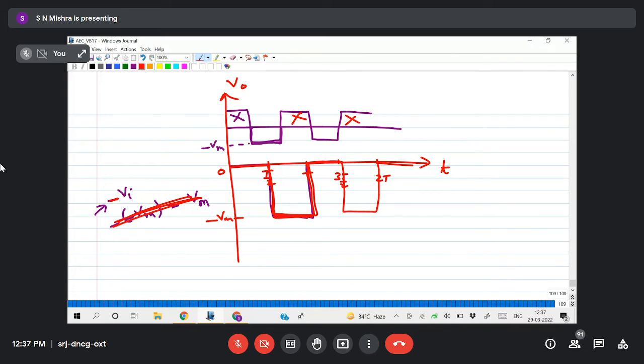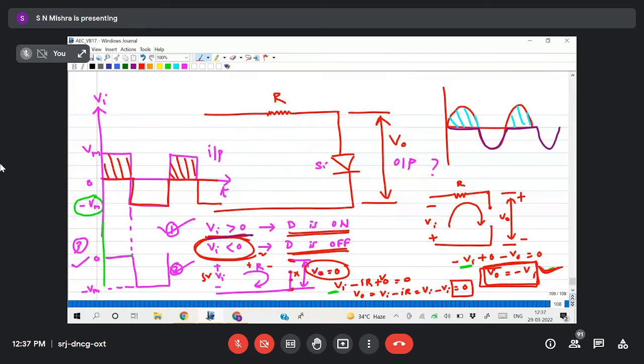Yes, sir. So this positive part is actually clipping. Now you take a silicon diode and tell me how the graph will look.